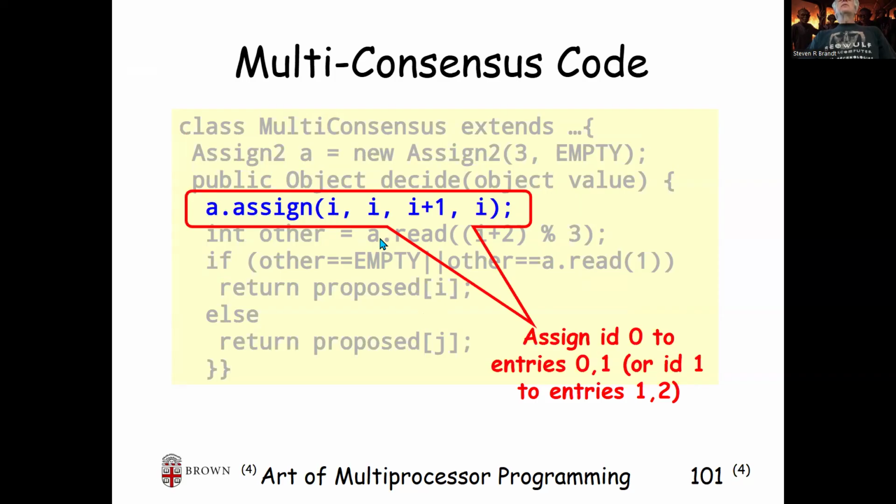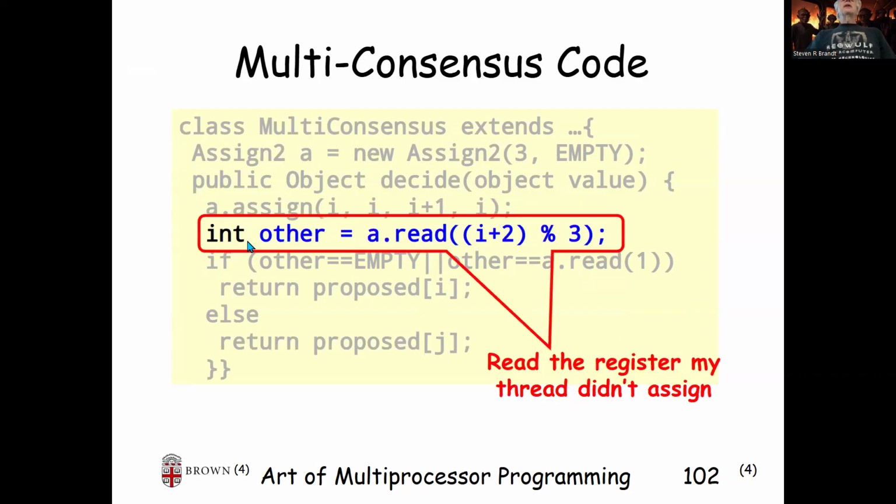And if I'm thread 1, I'm going to write memory locations 1 and 2. And in both cases, I'm going to write my thread number. And then I'm going to read the other location, the one I didn't write, and I'm going to compute it by saying (i+2) % 3. So if I'm thread 0, this is going to be 2. And if I am thread 1, this is going to be 0.